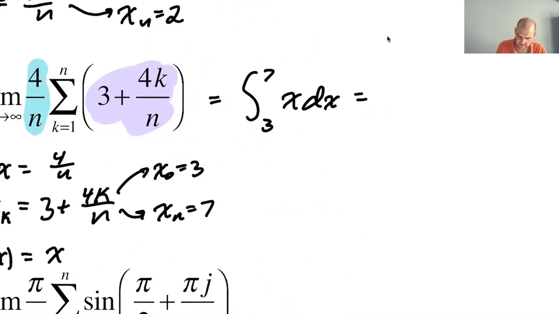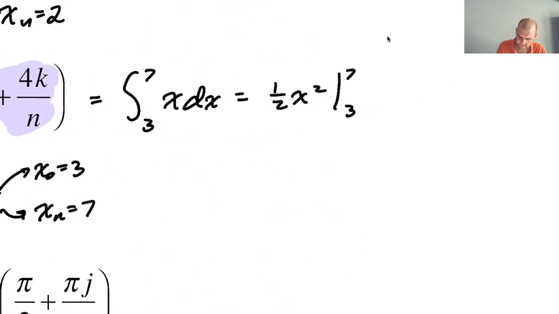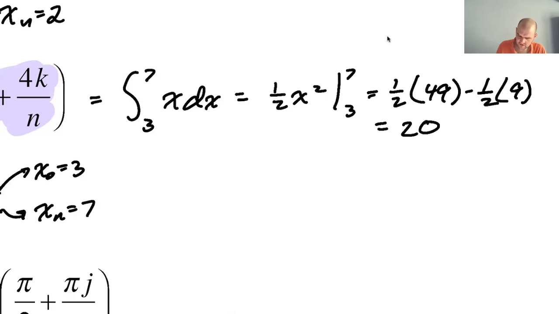So that's going to be 1/2 x squared. We don't care about plus c because it would just cancel itself out. So we get 1/2 times 7 squared, which is 49, minus 1/2 times 3 squared, which is 9. 1/2 of 40 is 20.